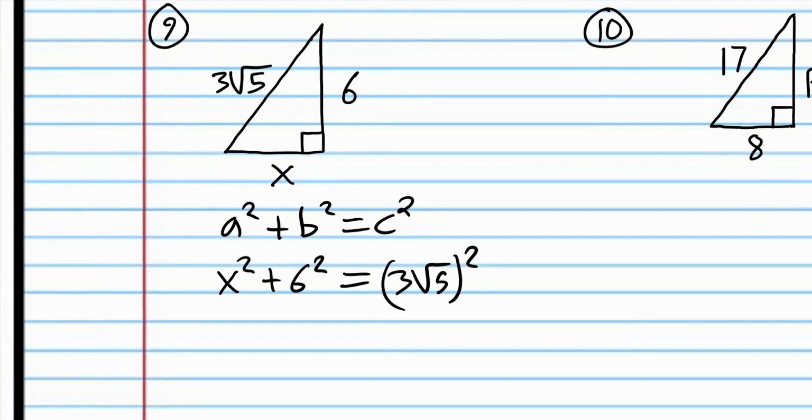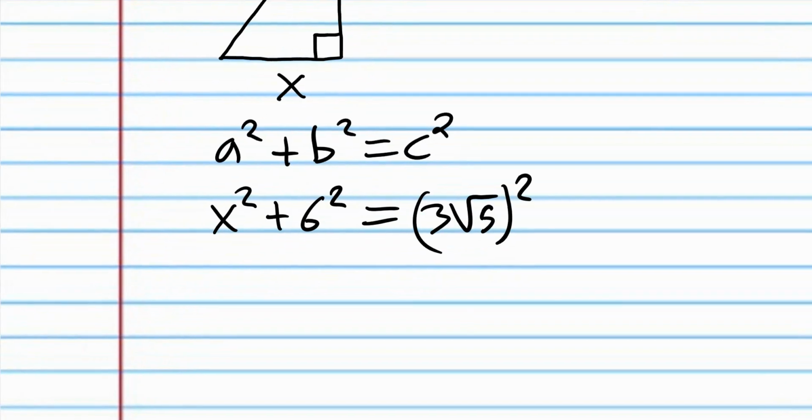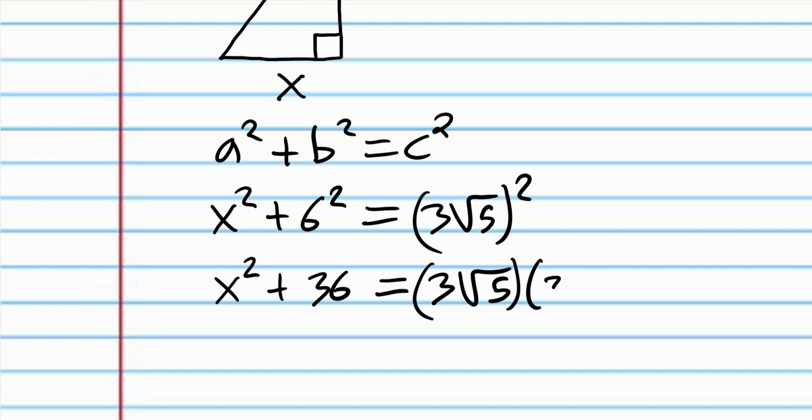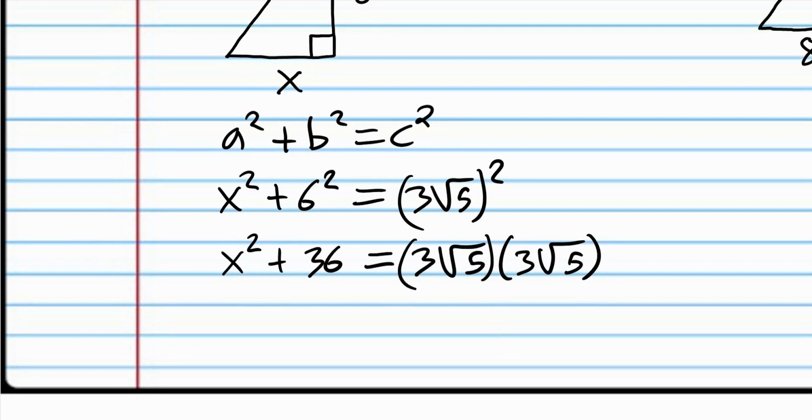So we're going to go ahead and square the numbers. 6 times 6 is 36, and 3 root 5 times 3 root 5. Now we're going to go ahead and write that out. You learned how to do that in my previous course. When you raise something to the second power, all that means is that you're multiplying it by itself.